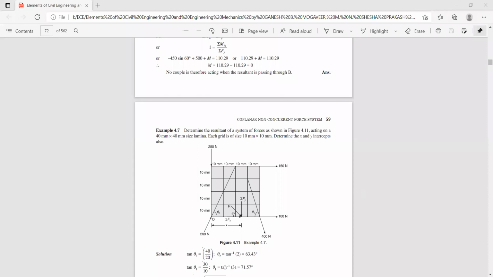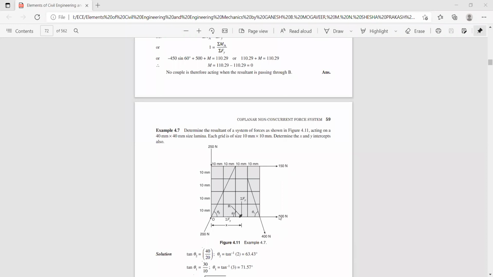So now theta 1, theta 2, you know, so find the sum of horizontal components, sigma f of x. That is 200 cos theta 2, that is 63.43, plus 150. You see this is parallel to x-axis. So sigma f of x is 200 cos 63.43 plus 150 plus 100.